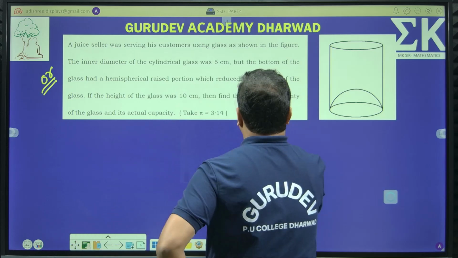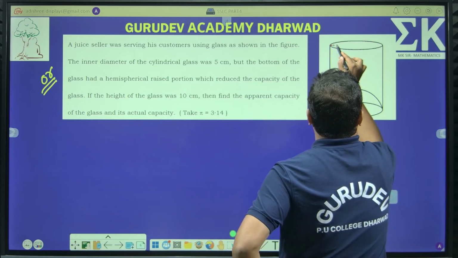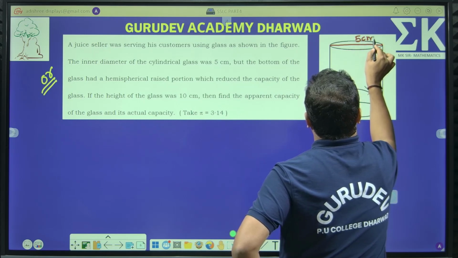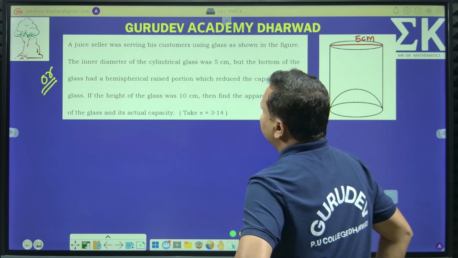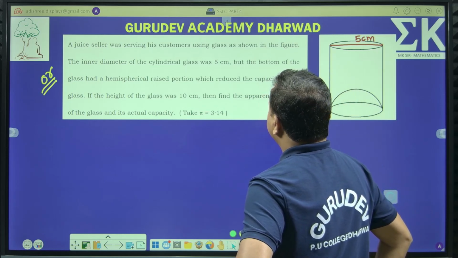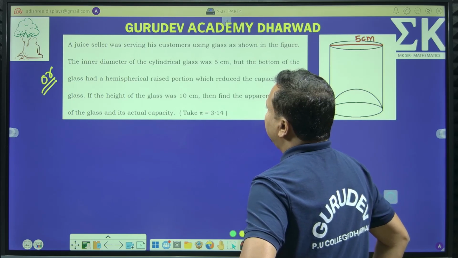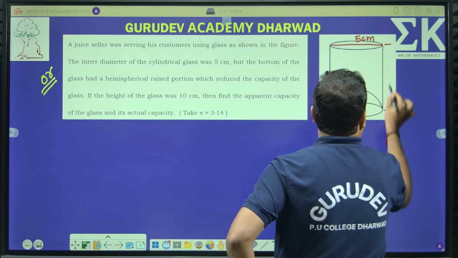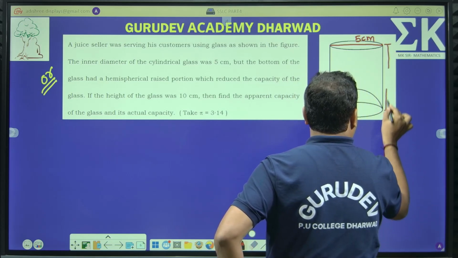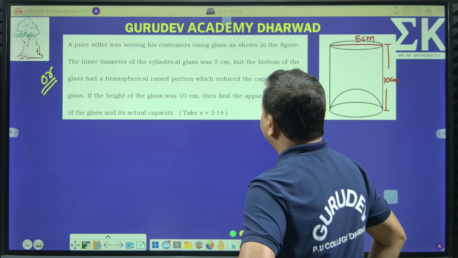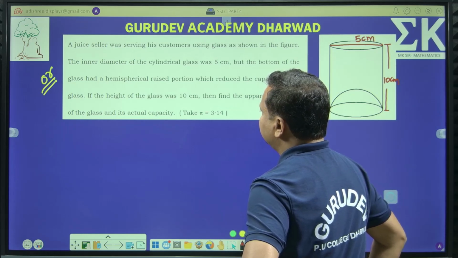But the bottom of the glass had a hemispherical raised portion which reduced the capacity of the glass. If the height of the glass was 10 centimeter, then find the apparent capacity of the glass and its actual capacity.